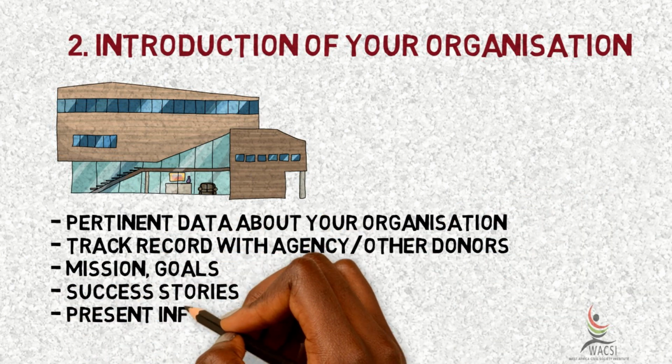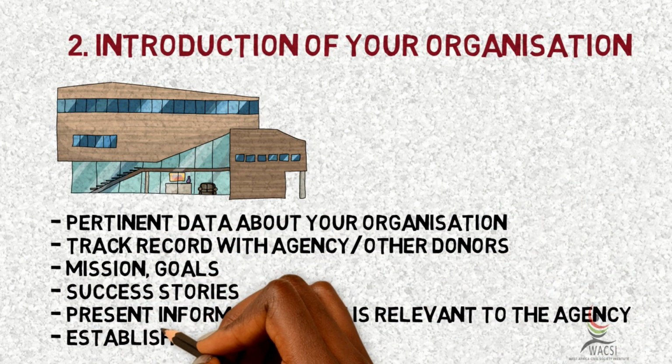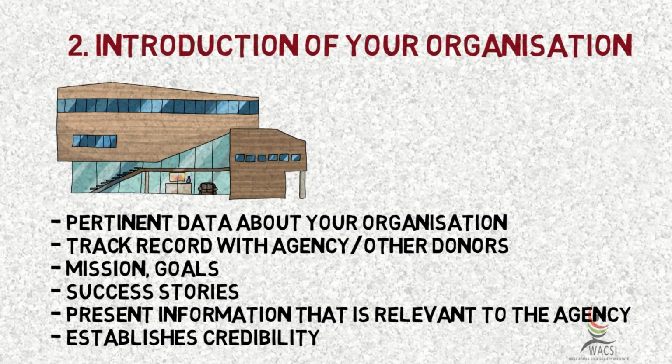The track record with agency or other donors, your mission, your goals, your success stories, or your impact stories. This is where you present information that is relevant to the agency or the donor that you are applying to.